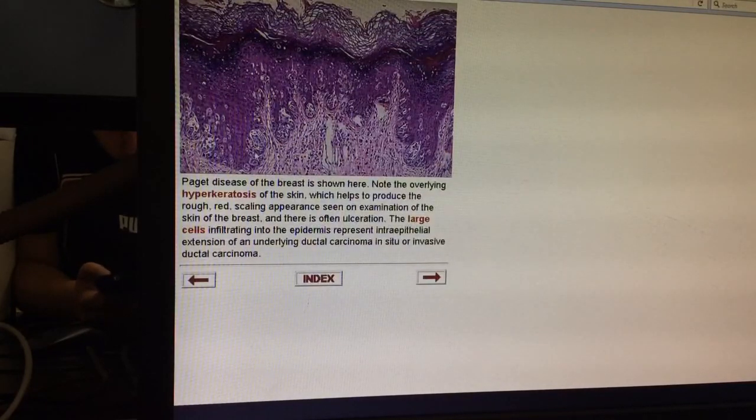If we find Paget disease of the breast, usually there is an infiltrative ductal carcinoma within the breast. There is hyperkeratosis, meaning in the upper side of the epidermis, which means an increase of the keratinized layer of the breast.